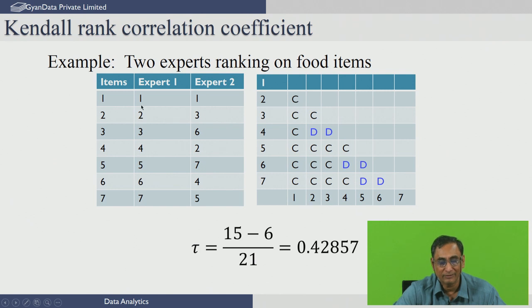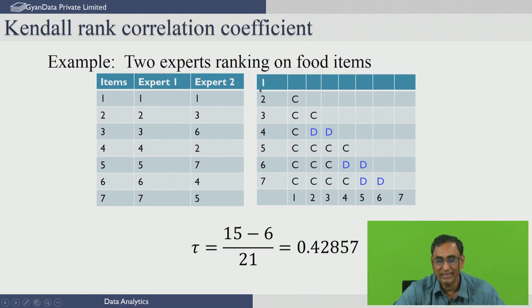Let us look at the fourth and the first one. Expert 1 says it is better, expert 2 also says better, concordant. But the second and fourth, if you compare, expert 1 says the fourth one is better than the second, but expert 2 disagrees, he says the fourth thing is worse than the second one. So, there is a discordant pair of data, that is indicated by 2. So, 4 and 2 are discordant, 4 and 3 are discordant.